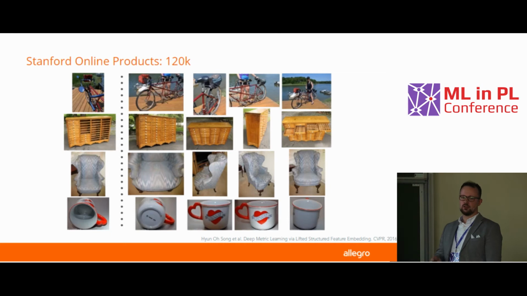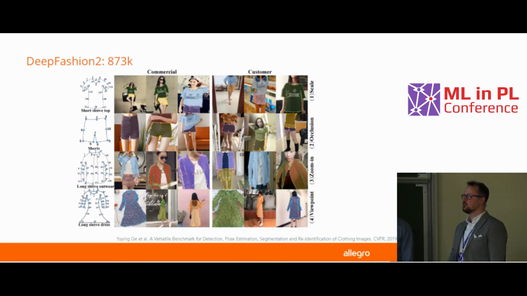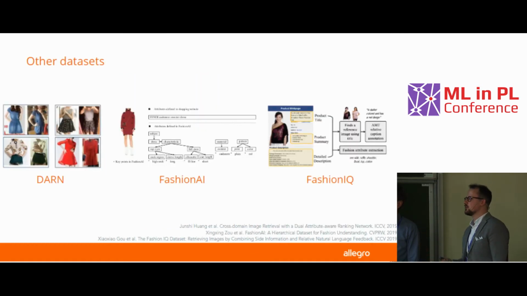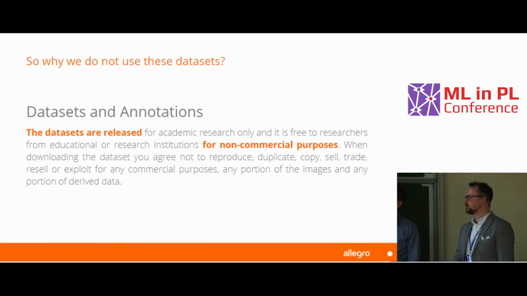But unfortunately, there are no fashion photos, and we have to deal with fashion first. There are other datasets like DeepFashion, where we have nearly 1 million images of clothes. That would be perfect. There are also some smaller datasets like FashionAI or FashionIQ. And while those datasets would be perfect, they all have one thing in common. They cannot be used commercially.